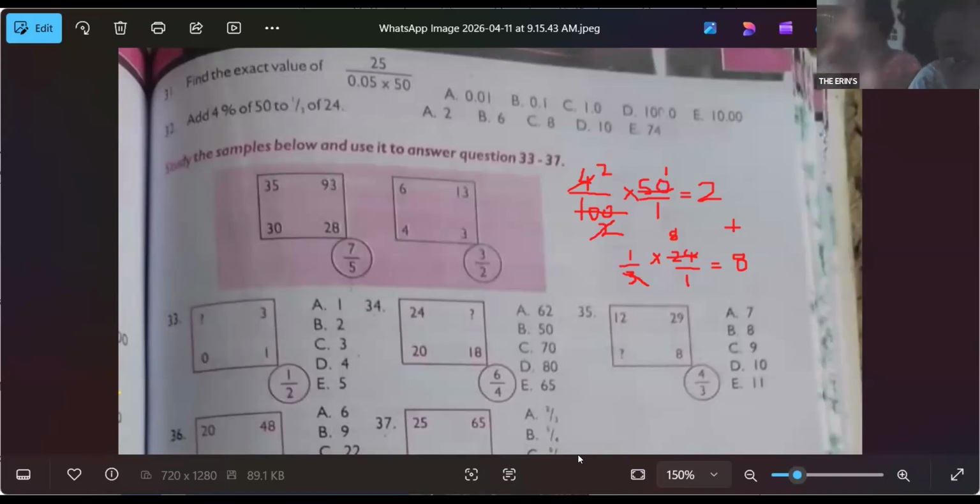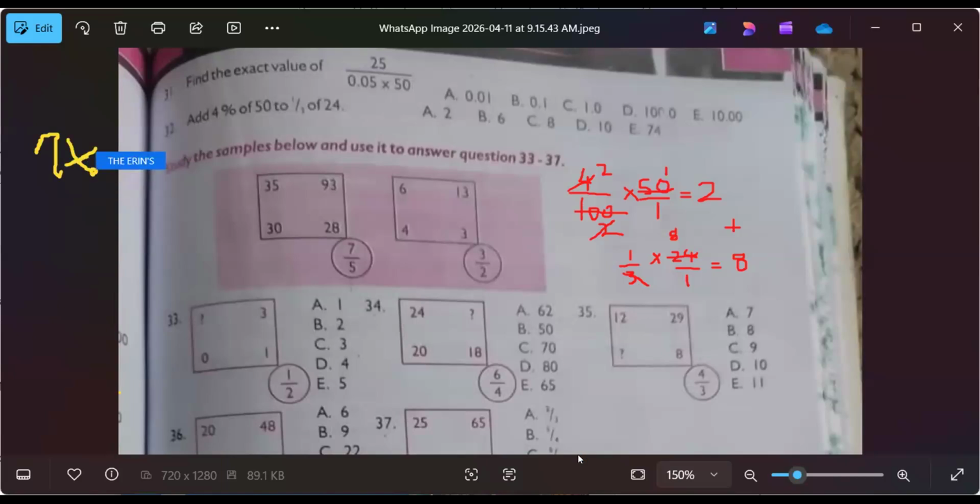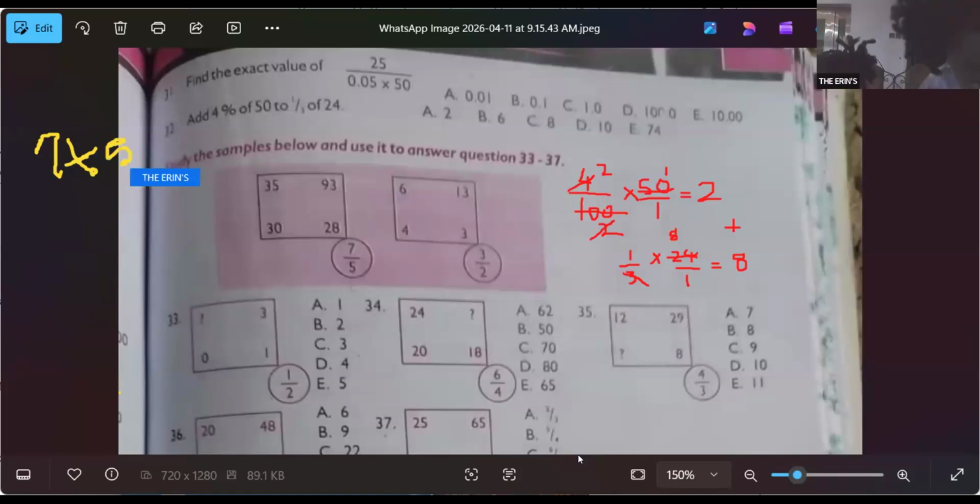Sir, this has to be 7 times 5. You change it from this to this. So that will become 7 times 5 equals 30.